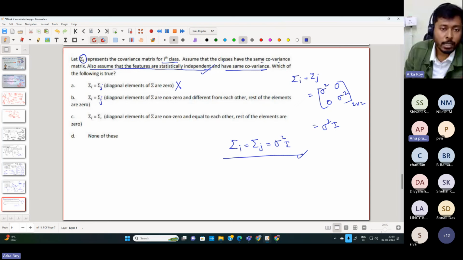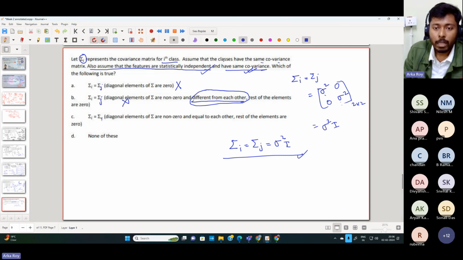Second option: sigma I is equal to sigma j, diagonal elements of sigma are non-zero and different from each other. But in the question they have said same covariance. So the second part is false. The diagonal elements are non-zero, but they are the same. So this is also false.